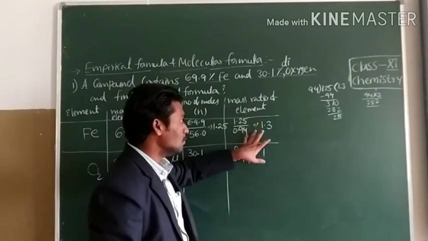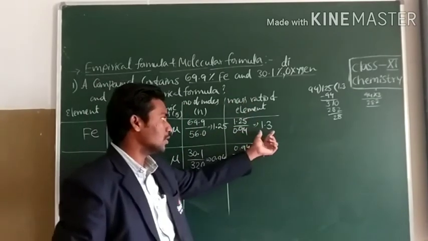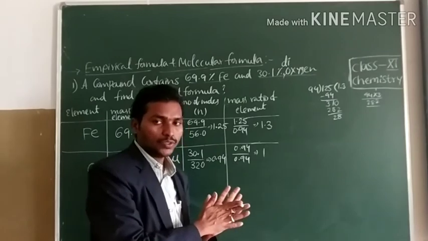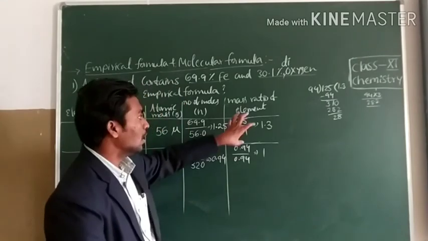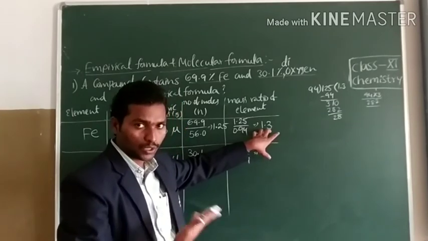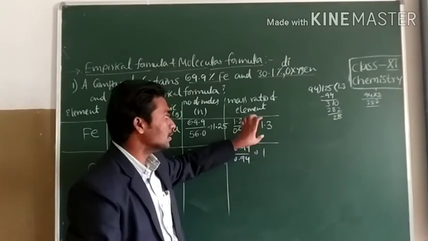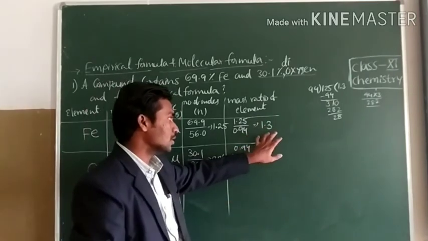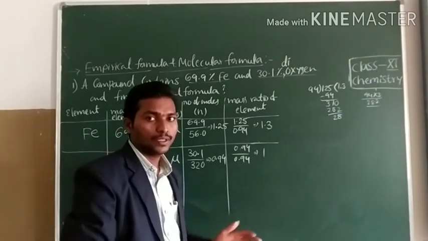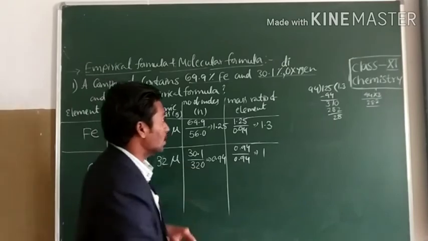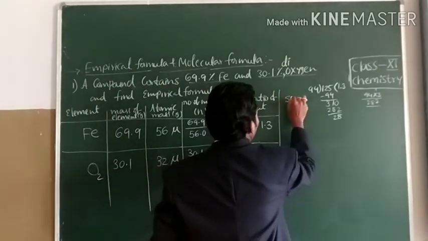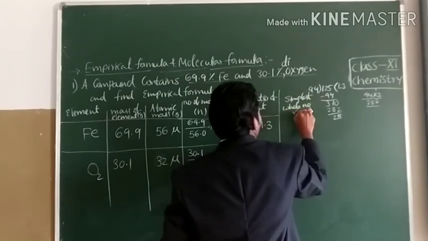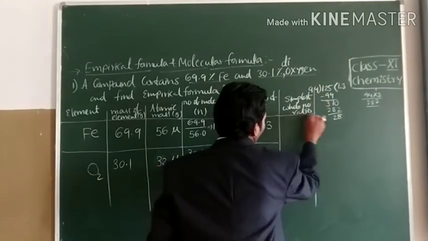Here the mass ratio of iron is 1.3. So we got the value as a fraction, but we want the values as whole numbers. To convert the value into a whole number, we have to multiply it by the smallest whole number, or smallest integer, because in the next step we want the simplest whole number ratio.